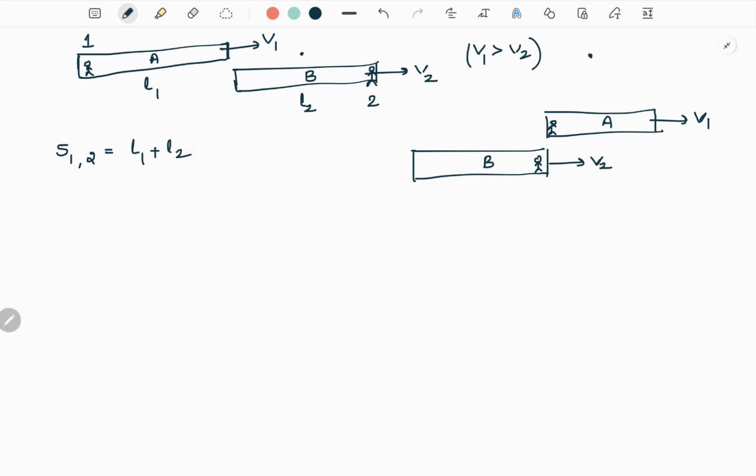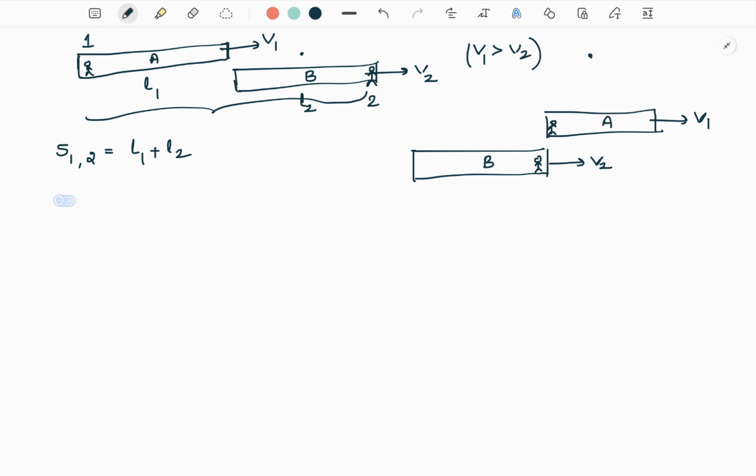So the displacement of the first one as seen by the second one is L1 plus L2, because the separation goes from L1 plus L2 to 0. He travels a displacement of L1 plus L2 before he reaches you.